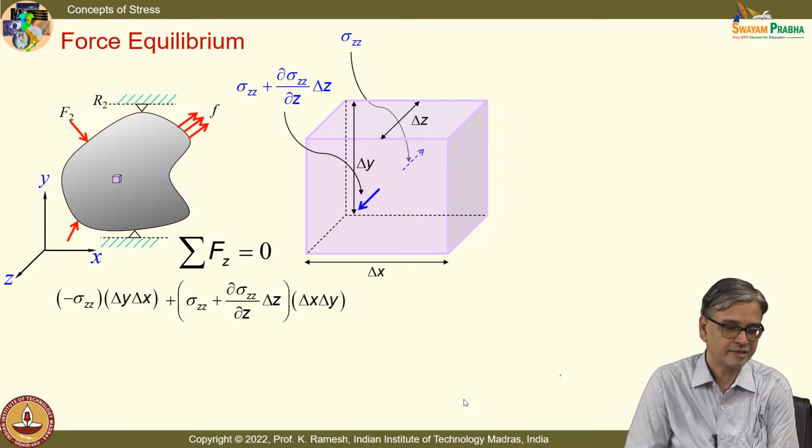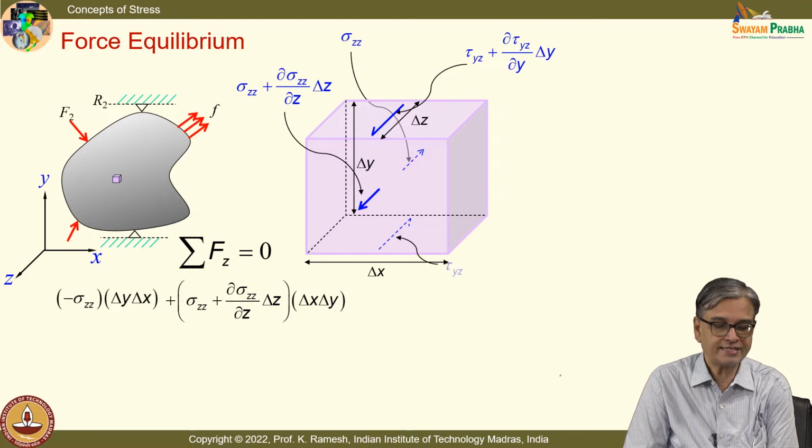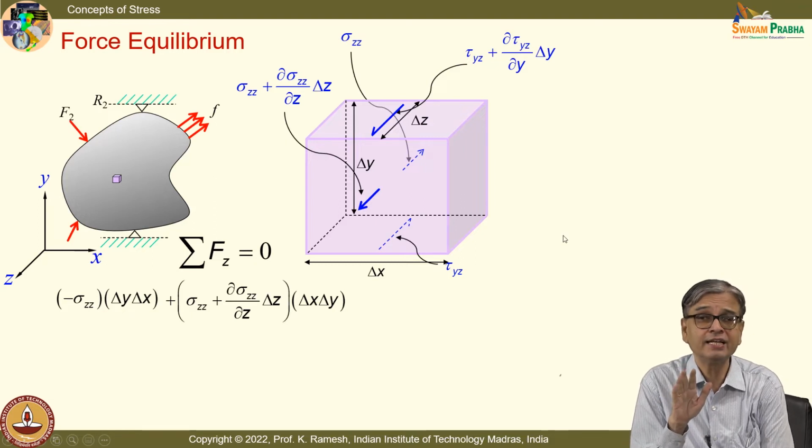Fine. So tau yz is now taken up. Tau yz varies as tau yz plus dou tau yz by dou y into delta y.